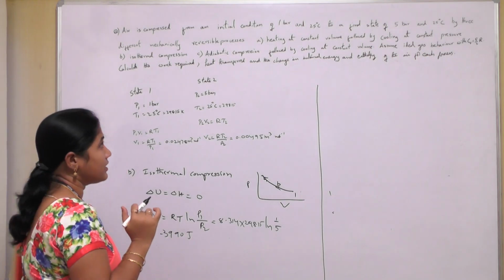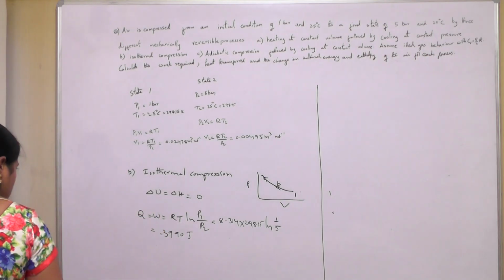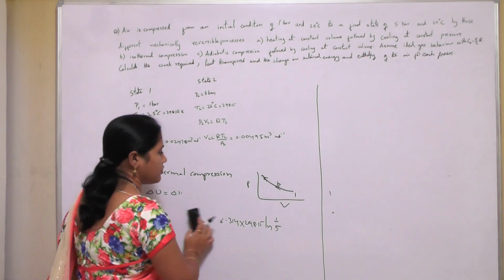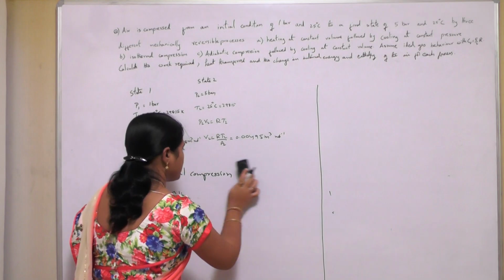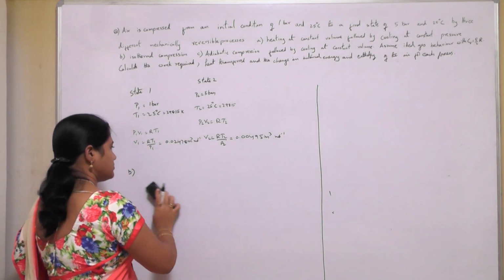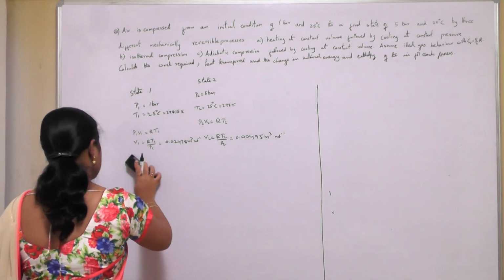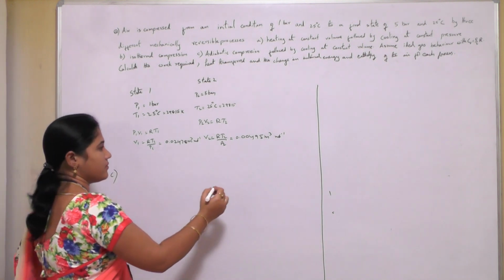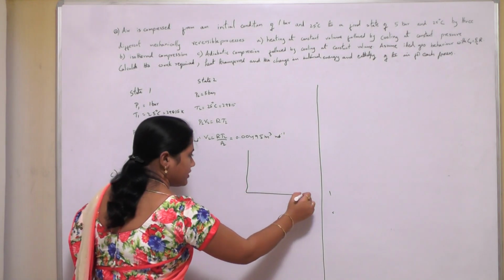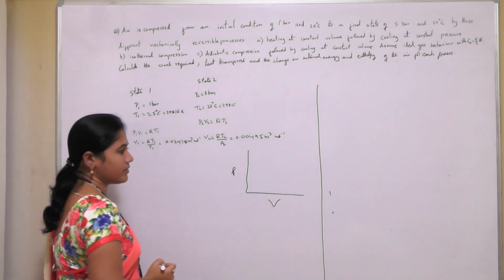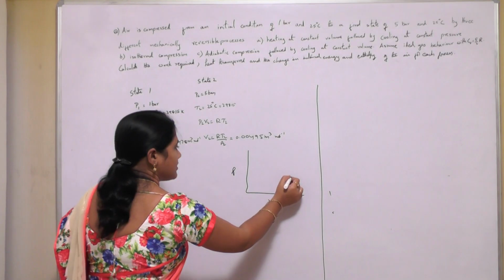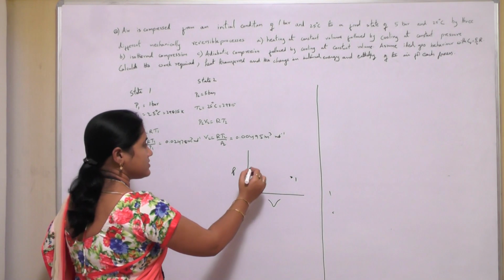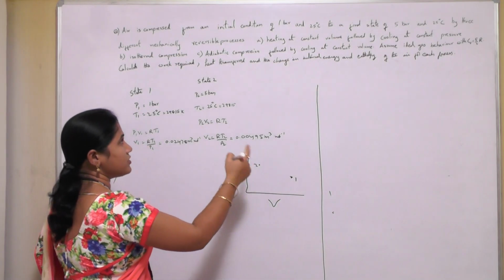Now coming to the third process, that is adiabatic compression followed by cooling at constant volume. Second, we have to draw the PV diagram. First, the air is at initial state 1. To reach state 2, it follows two paths.